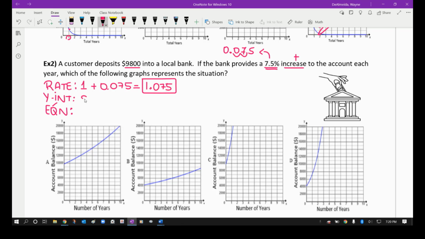Now the y-intercept is 9,800. That's how much money this customer had at the beginning. And now we're going to write the equation, which is 9,800, open parentheses, 1.075, and raised to the x. So looking at this, we notice here that this is about 9,000.